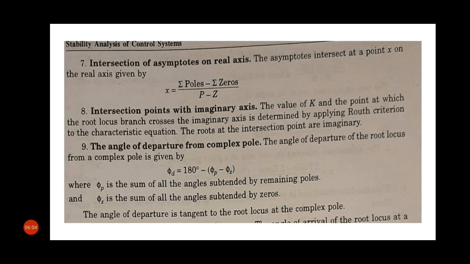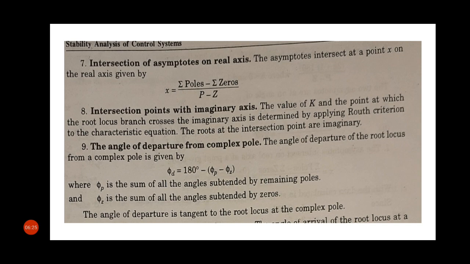So when we calculate the angle of departure, if there is a complex pole or zero in our open loop transfer function, then we find the angle of departure.